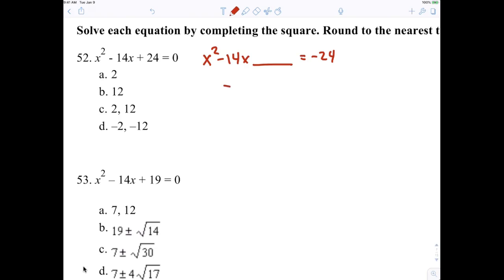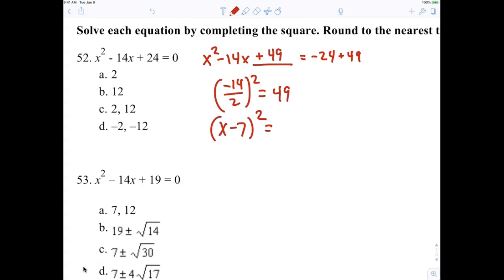Remember, you always take half of 14 and square it, which is what? 49. And now don't forget you have to add the 49 to the other side. Now you refactor that into x minus 7 squared is equal to 25.